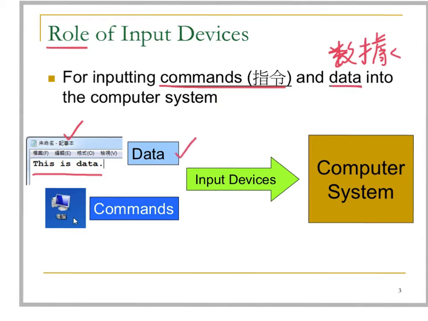And when you double click the shortcut 我的電腦 on the Windows Desktop, this double click action is a command issued to the computer. All this data and these commands are input through an input device, such as the keyboard or the mouse, into the computer system for further processing.